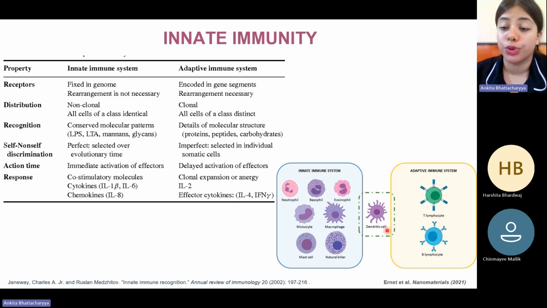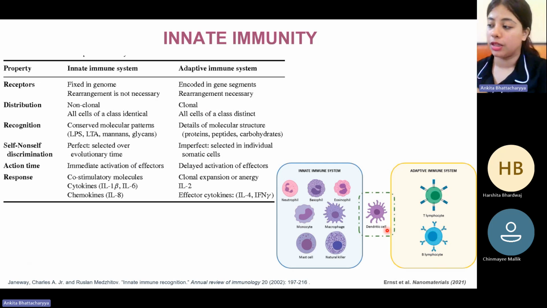What I also want you to connect this with is the fact that dendritic cells are the most efficient professional antigen presenting cells, which is one of the key reasons why they are able to connect these two branches of immunity, and therefore they are very indispensable to the system.